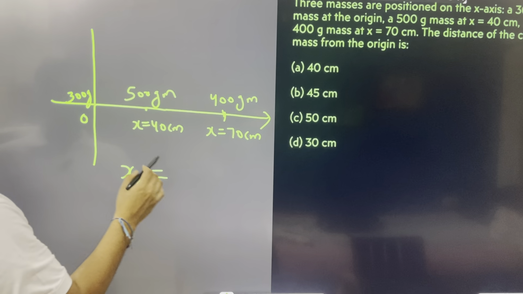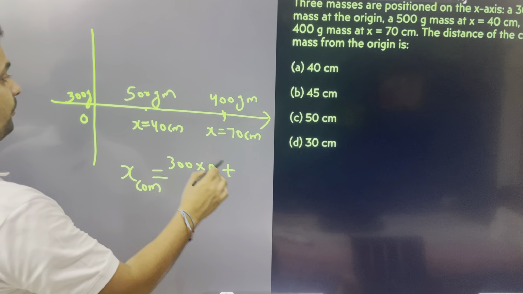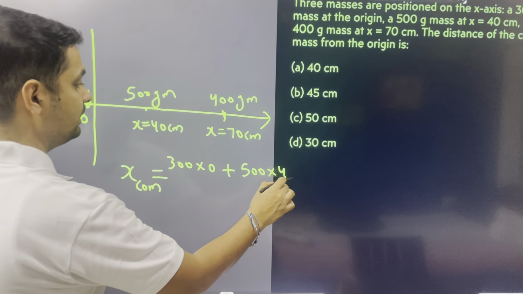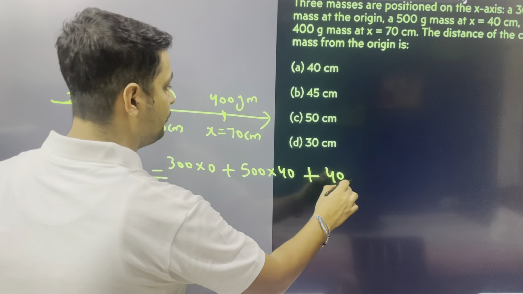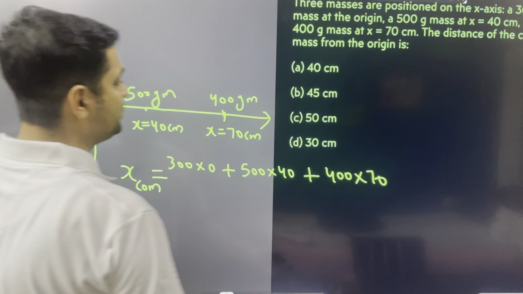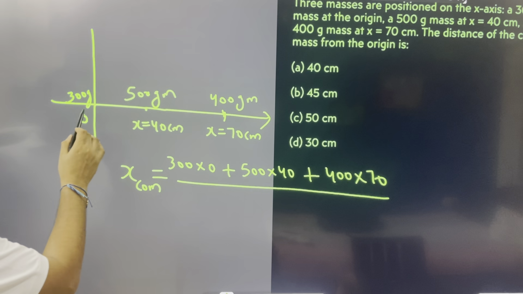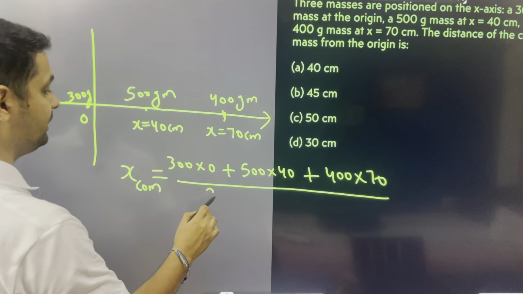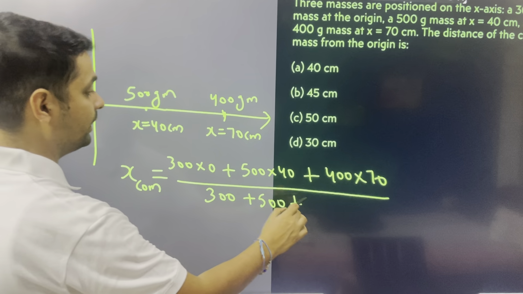So it is 300 into 0 plus 500 into 40 plus 400 into 70. There is no need to change the unit because it will cancel out. Divided by the sum of all the masses, M1 plus M2 plus M3: 300 plus 500 plus 400.